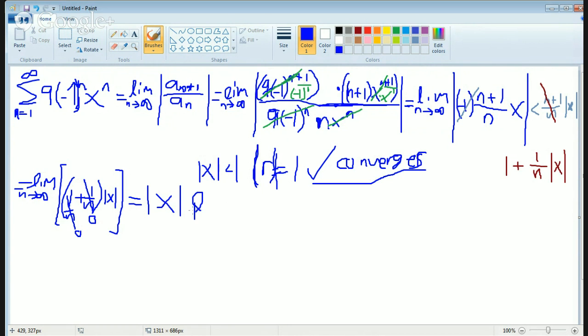So we use r as a radius, and r equals 1. Now the endpoint, and that is x, which equals plus or minus 1. So you could think of it as a chart or a line graph in a one-dimension line graph.